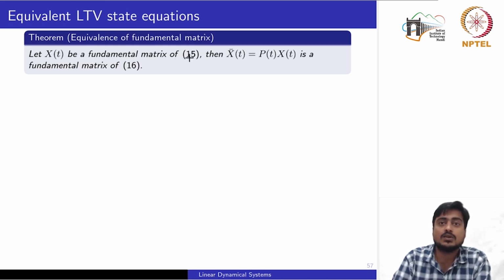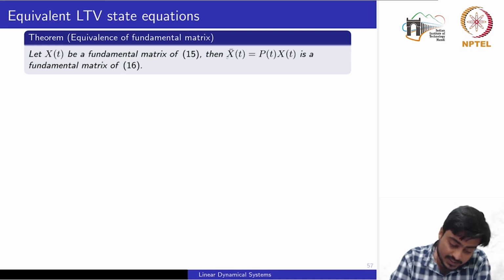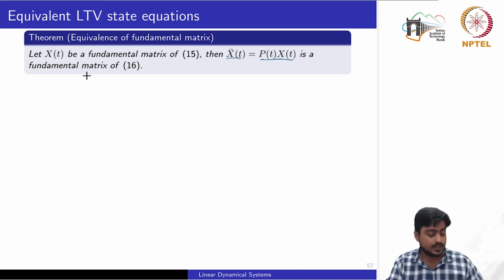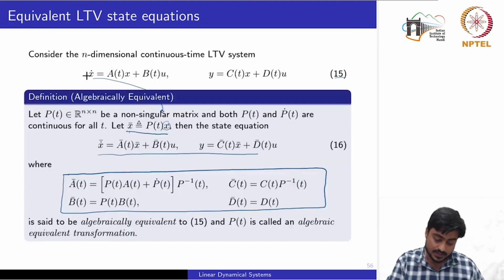Now this 15 is the original state space without the bars. Then X bar, defined by the multiplication of the transformation matrix and the fundamental matrix of the original state space representation, would be a fundamental matrix of the transformed system, basically this part 16.